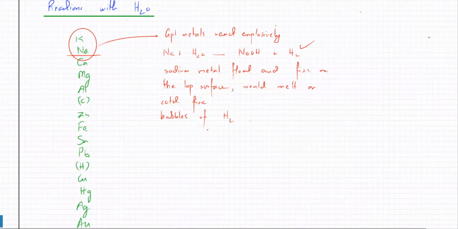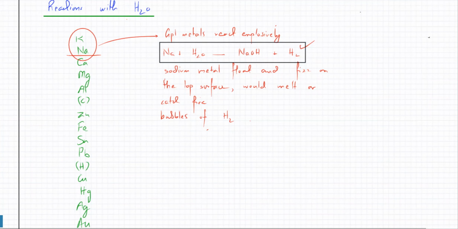You need to know the equation, and the equation is kind of the same every time. Whenever a metal reacts with water, it either forms a metal hydroxide or a metal oxide, and hydrogen gas is produced. So this is often asked in the paper.